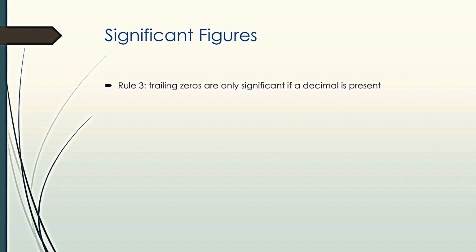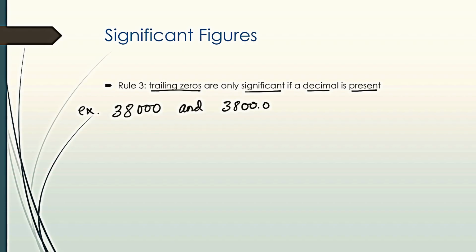Rule number 3 states that trailing zeros are only significant if a decimal is present. Now let's talk about what that really means. On screen, I have two numbers that look very similar, with one major exception is that the second number has a decimal. And so let's talk about what trailing zeros mean. A trailing zero is a zero that is after your last significant non-zero number, which means that in this case, my last significant non-zero digit is 8.